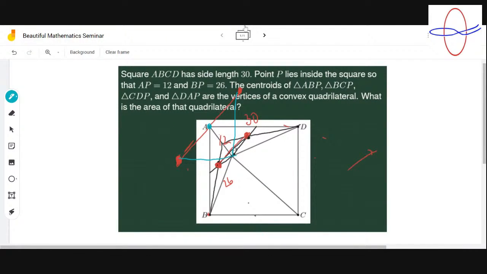Can you say something about the diagonals of this? Anything? Can you say something about this? I mean, you are not able to say something about this smaller rectangle, the smaller quadrilateral over here.